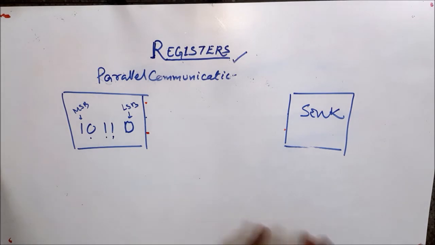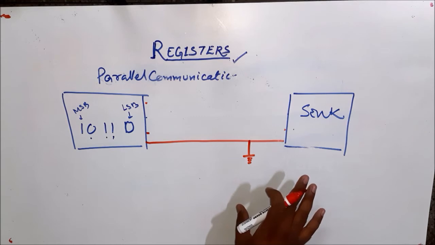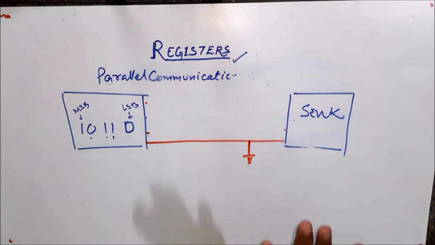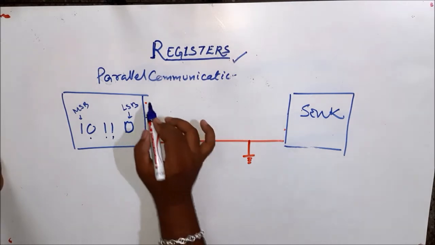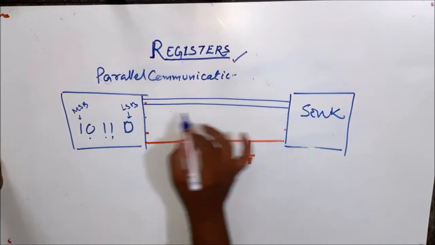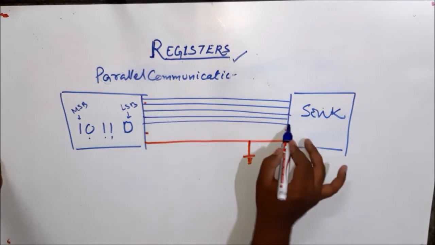When you are designing some circuitry, remember there are many power supplies. For parallel communication, the ground line never does any kind of communication. It is just to synchronize the data or the power supply. But to transfer 5 bits of data, I need 5 different lines: 1, 2, 3, 4 and 5.